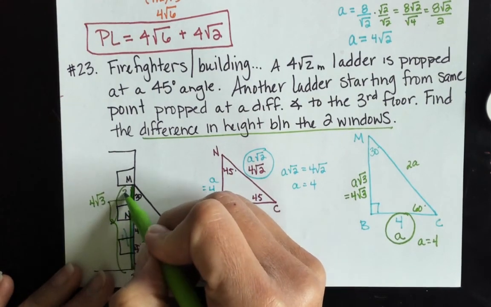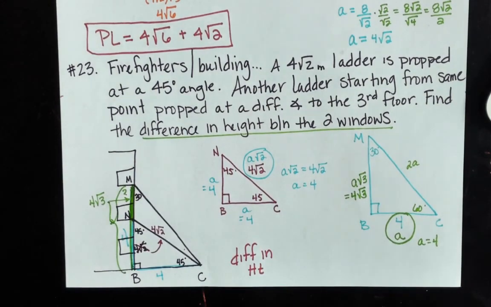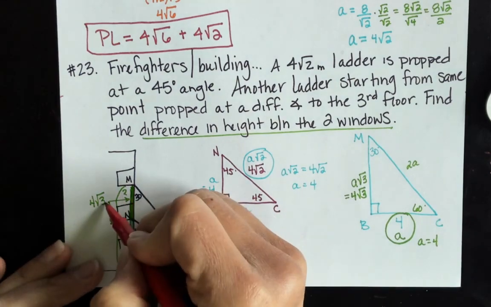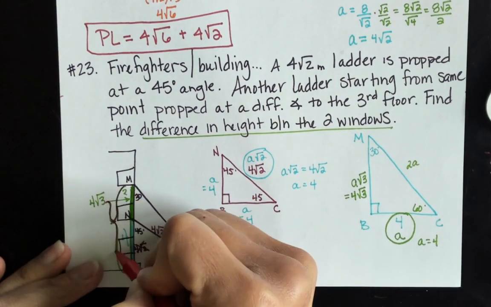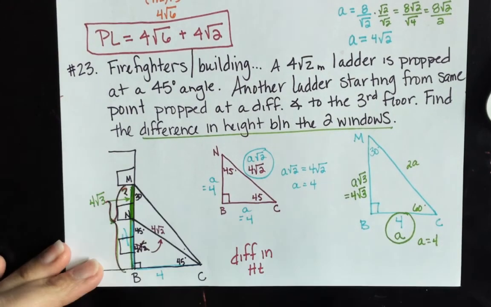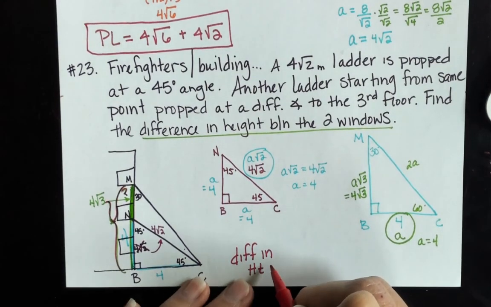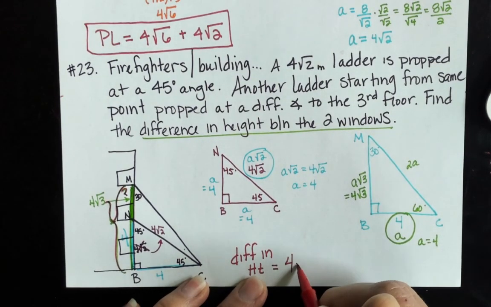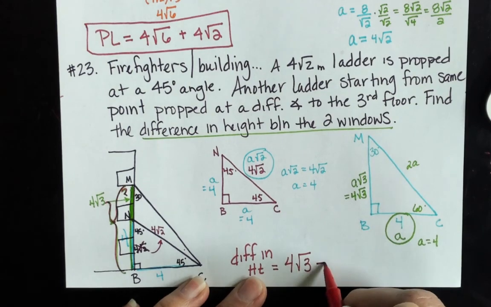We want to know how much just that guy is. So when we know that M to B is that whole thing, we want to know how much is just that. So the difference in height would be the 4 radical 3 minus the 4.